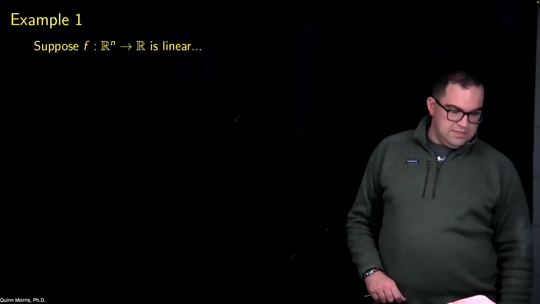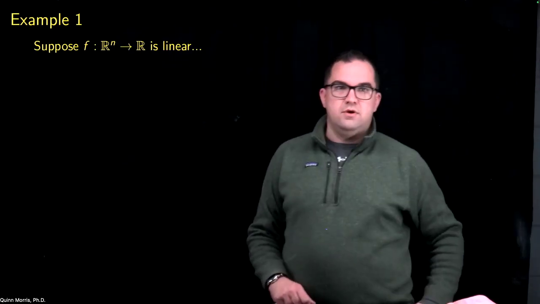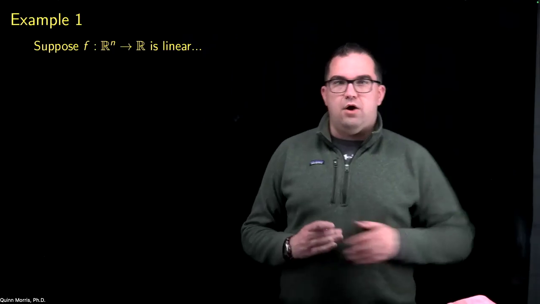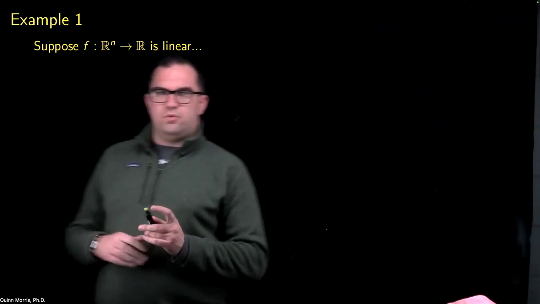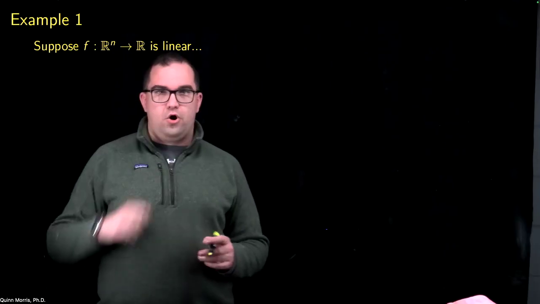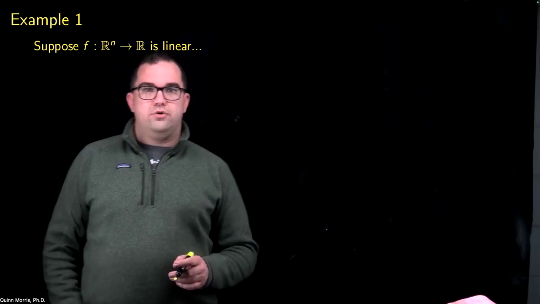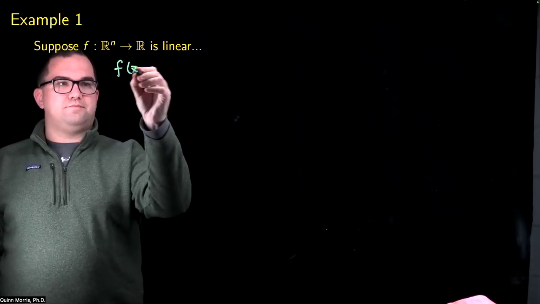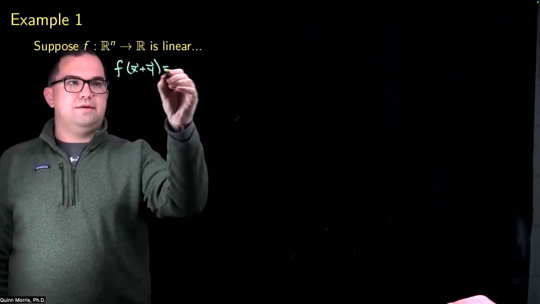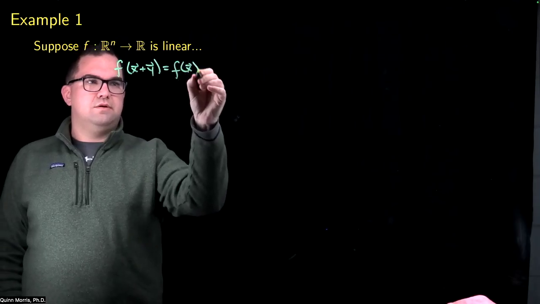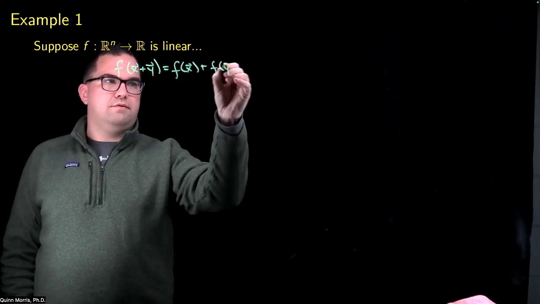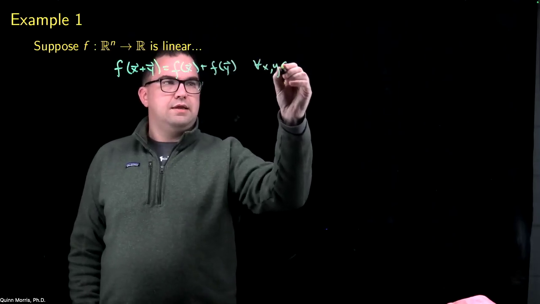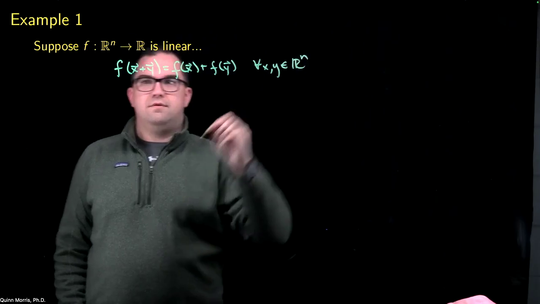So let's suppose that we have a function f which maps from Rn into R, which is linear. Now, what does it mean for a function from Rn to R to be linear? Well, it means that f of x plus y is equal to f of x plus f of y for all x, y in the domain.